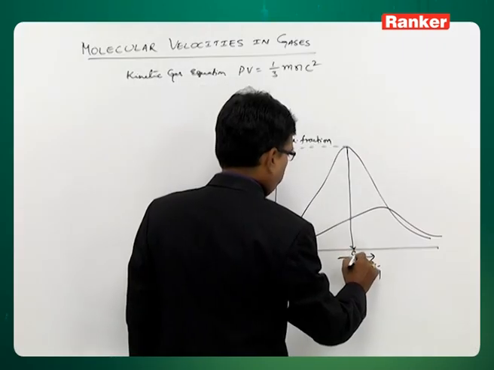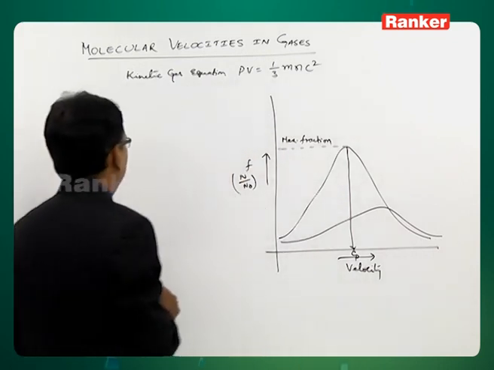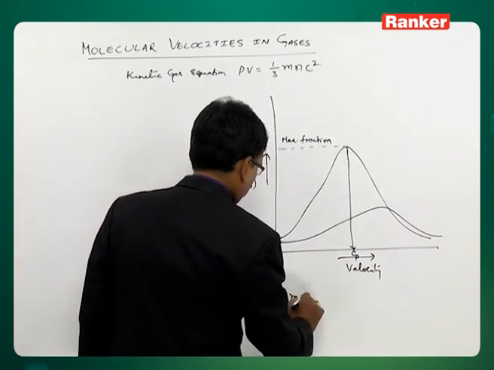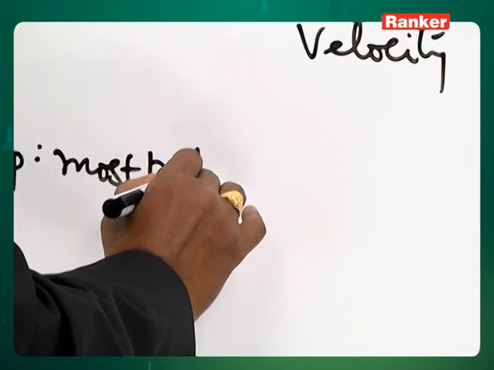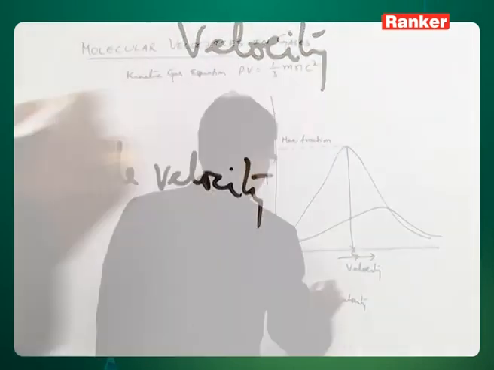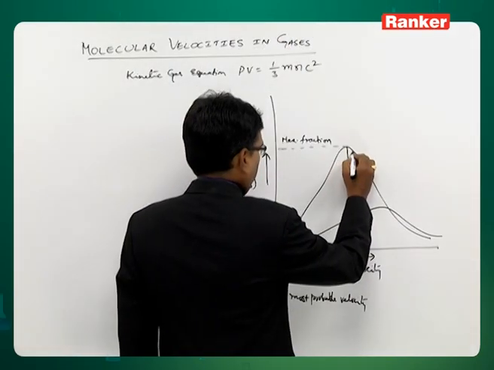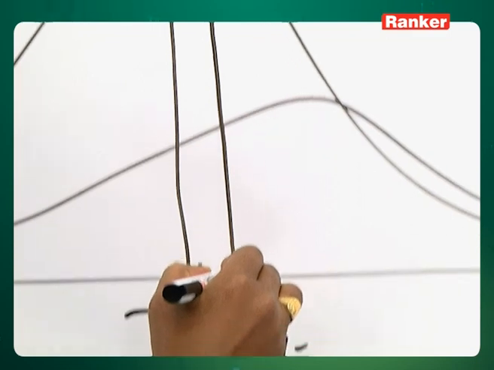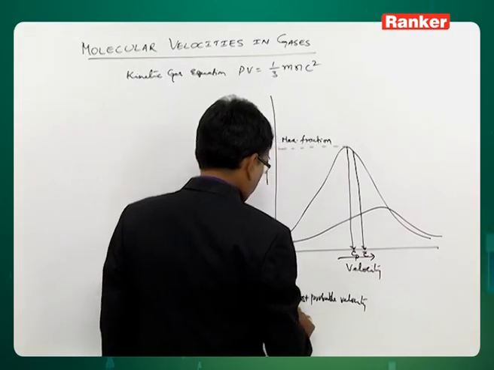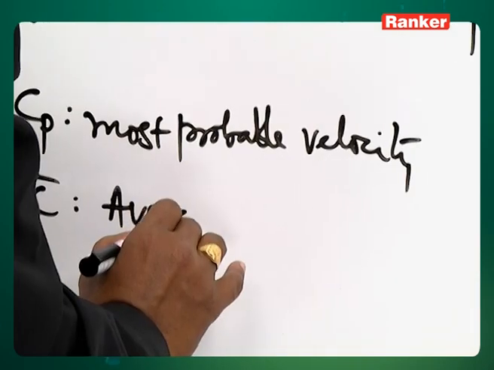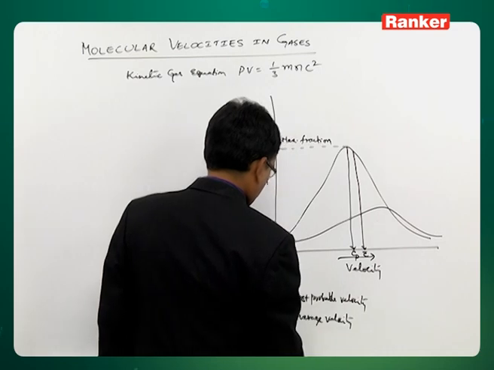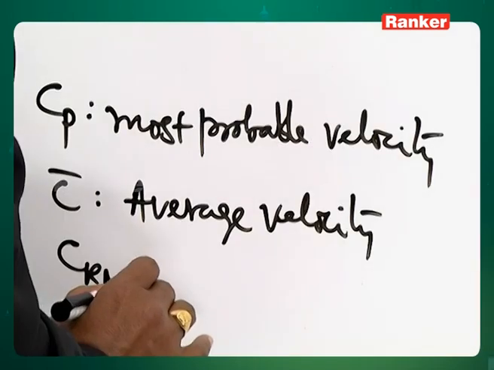The velocity corresponding to that is Cp. Cp is the most probable velocity. Then the next is C bar. C bar is the average velocity. Next is CRMS.